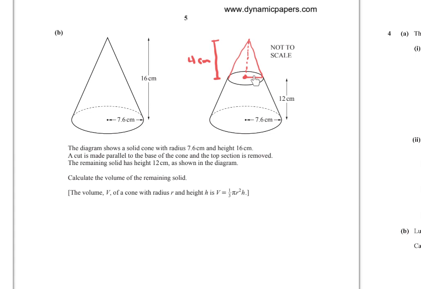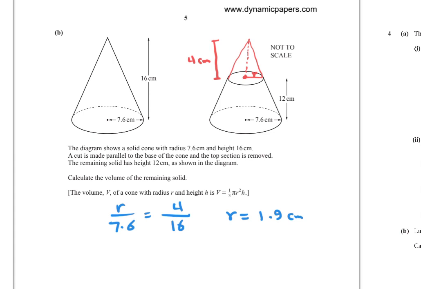So R over 7.6 is the same as 4 over 16. Now cross multiply to find R. So R, the radius for the small cone, equals 4 times 7.6 divided by 16 equals 1.9 centimeters.